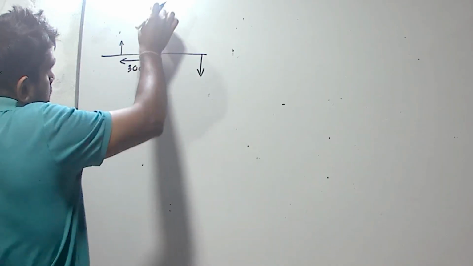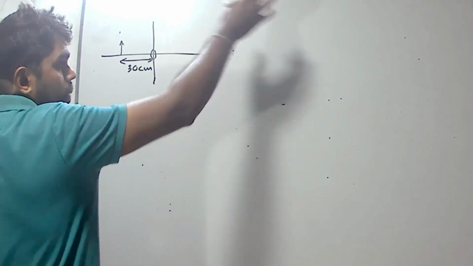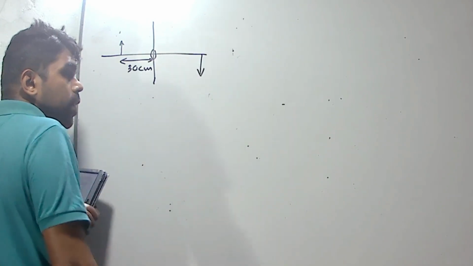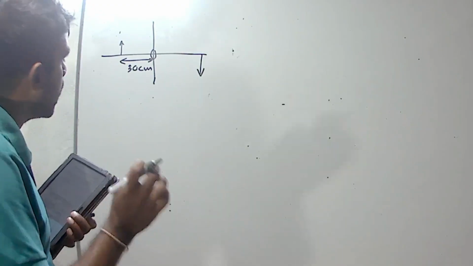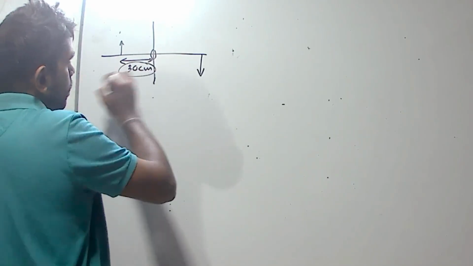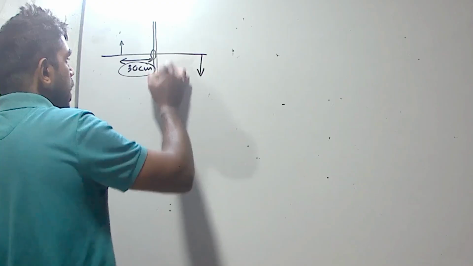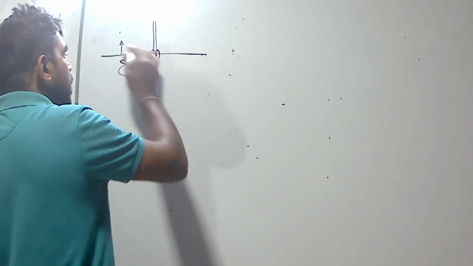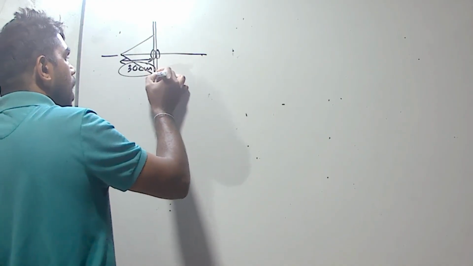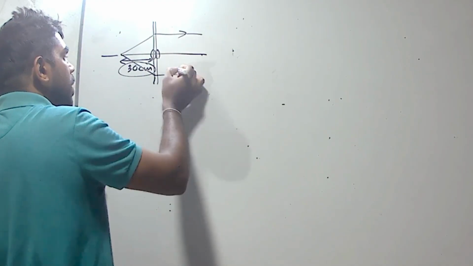After placing the second lens, the image is formed at infinity. To form the image at infinity, the focal length of the lens combination should be this value. It means light rays from this point are moving parallel to the main axis.